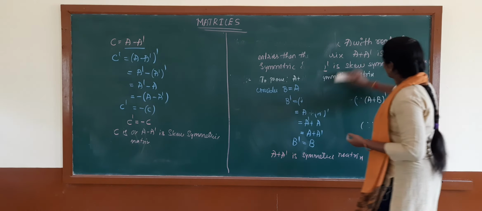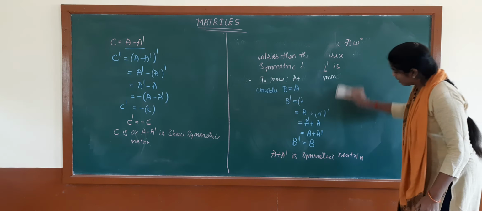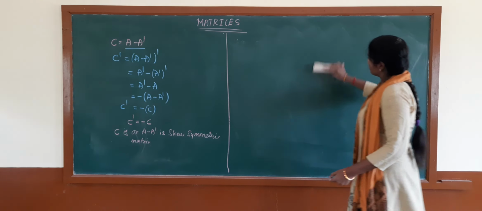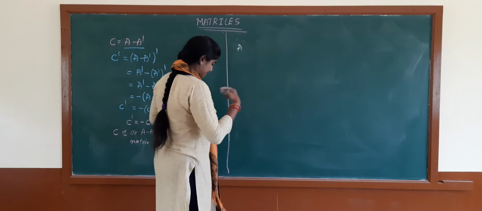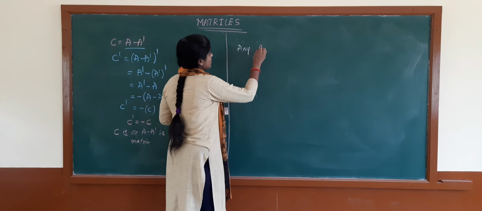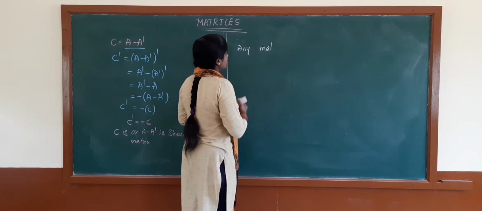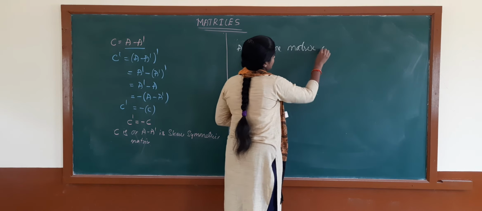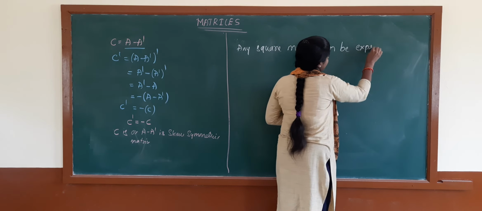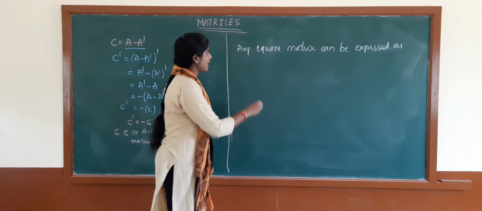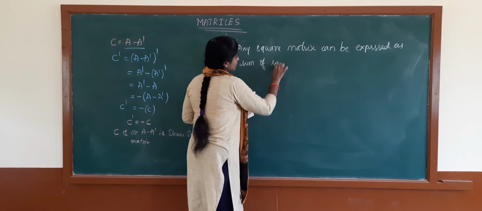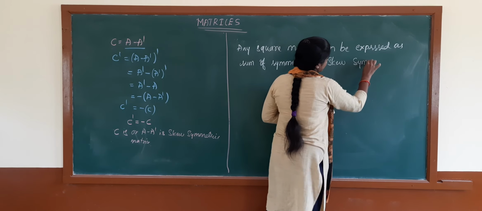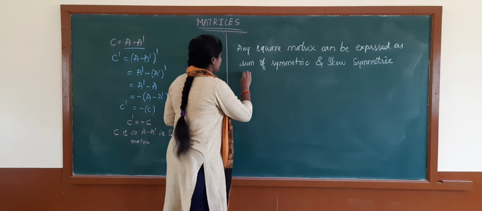Again, one more theorem or statement: any square matrix can be expressed as the sum of a symmetric and a skew symmetric matrix.